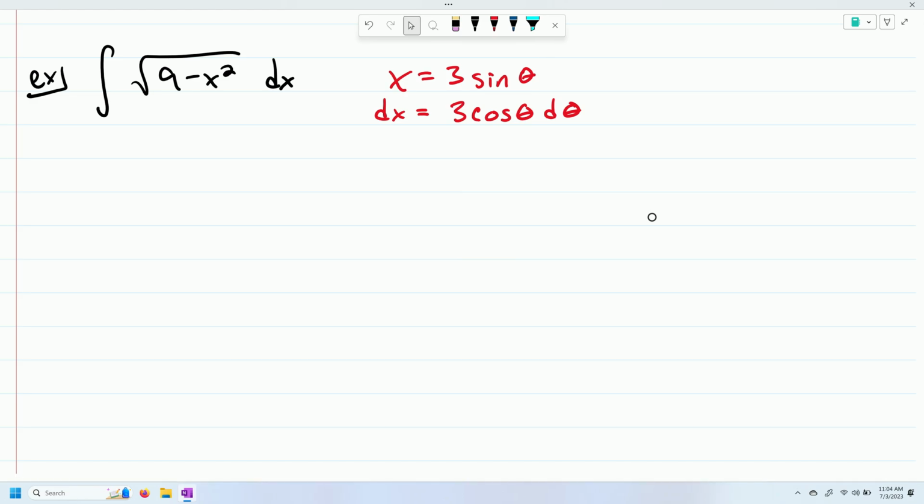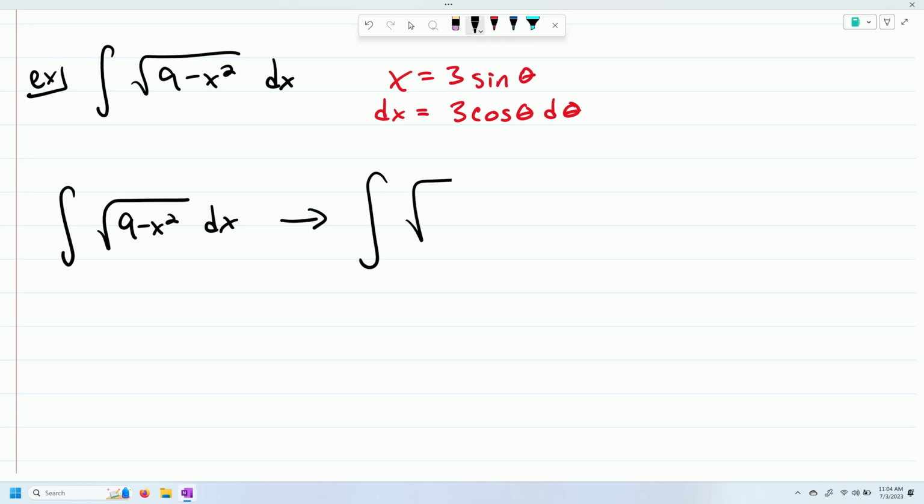Our integral of the square root of 9 minus x squared dx turns into the integral of the square root of 9 minus the quantity 3 sine theta to the second power multiplied by 3 cosine theta d theta.